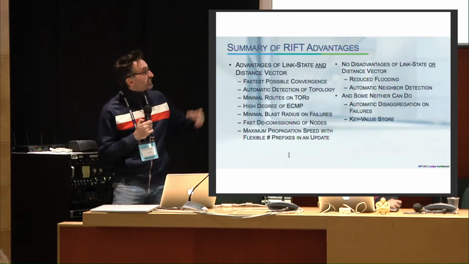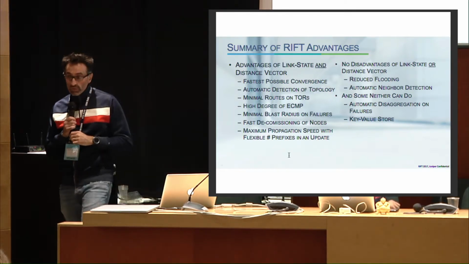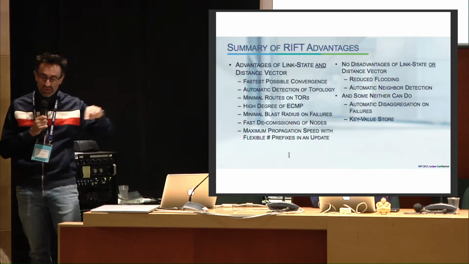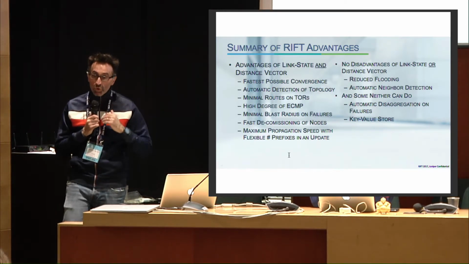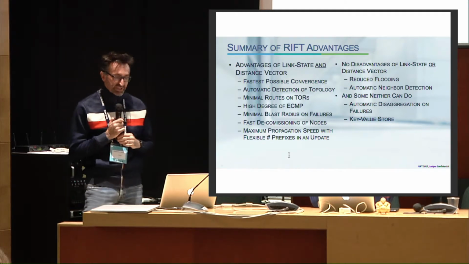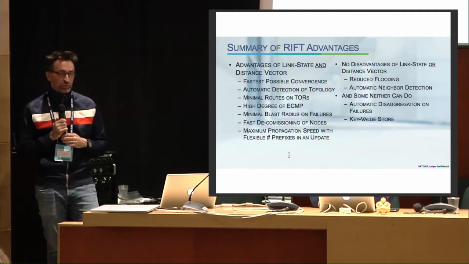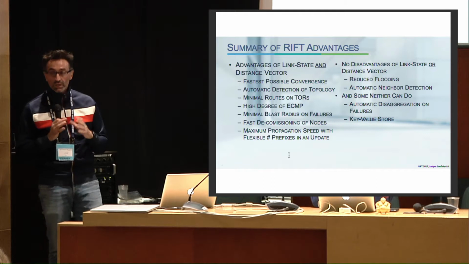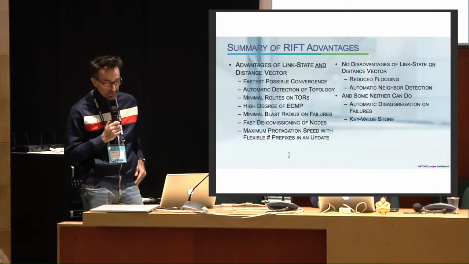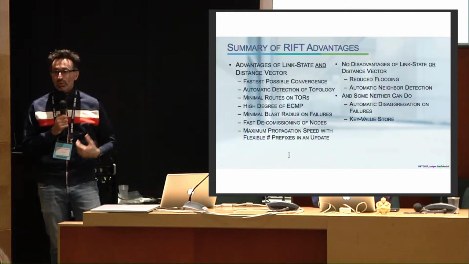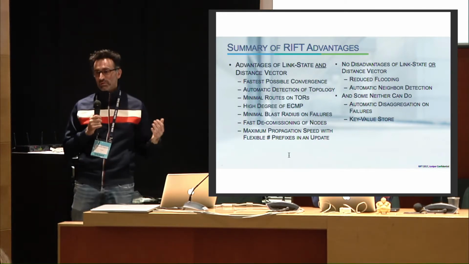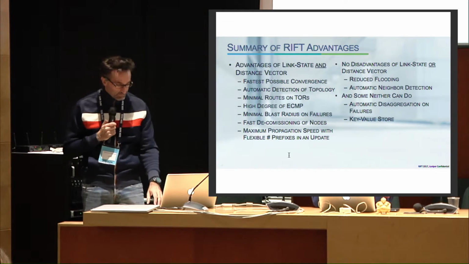And we have the automatic disaggregation on failure, as I said. You remember the reflection and the fact that I can start advertising more specific prefixes in order to restore connectivity or to achieve optimal routing. And we can use a key value store in order to transmit opaque information, whichever you want.